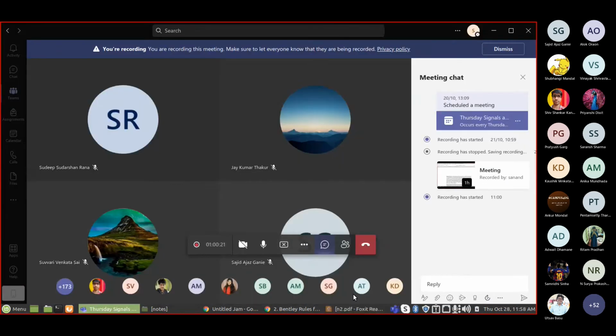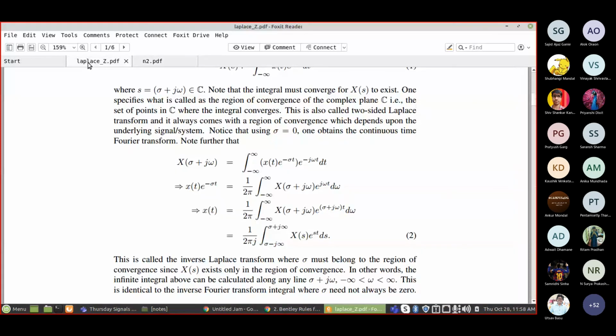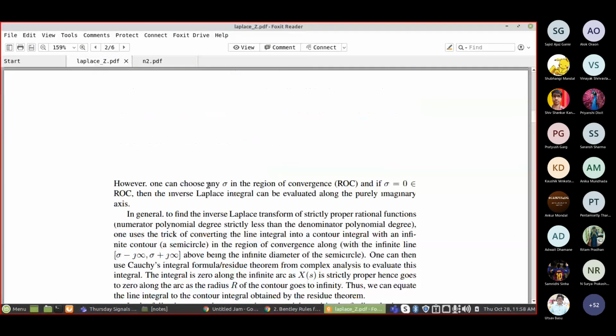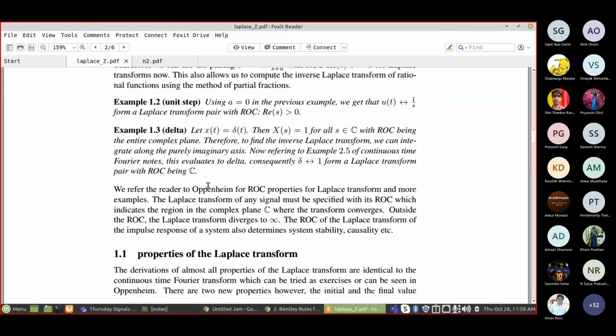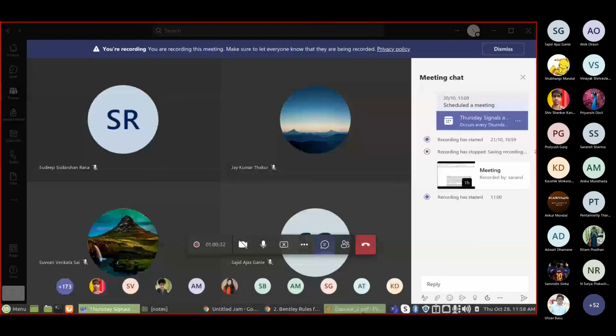Regarding properties, I am going to discuss some of them: differentiation and the initial and final value theorems. Linearity, convolution, multiplication, those things, I'm just going to refer to the continuous time Fourier transform. Any questions?